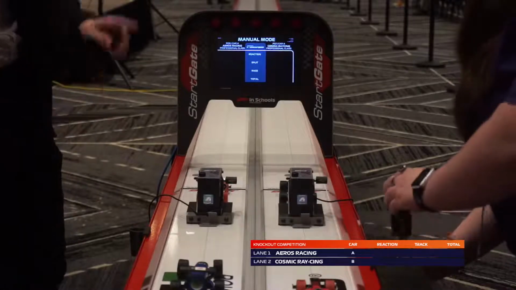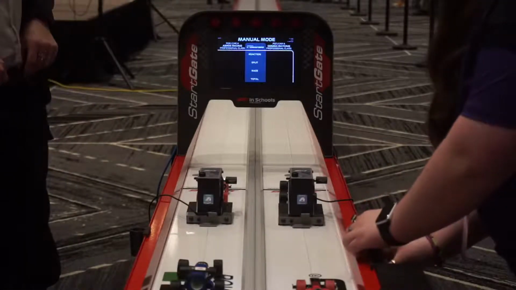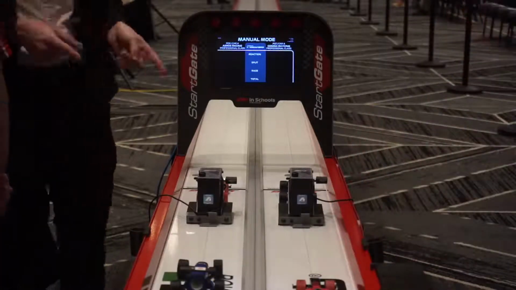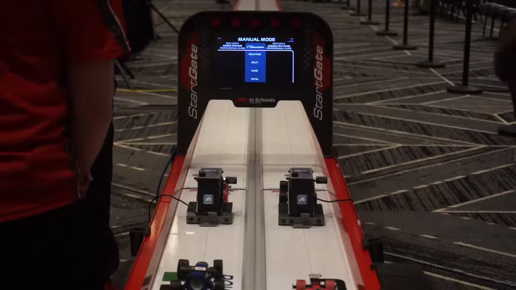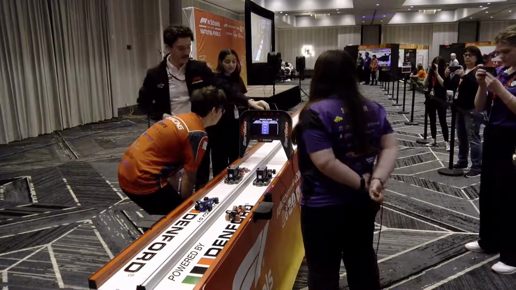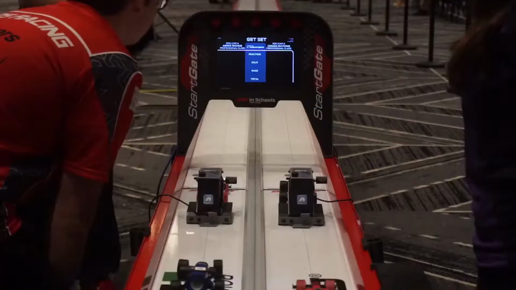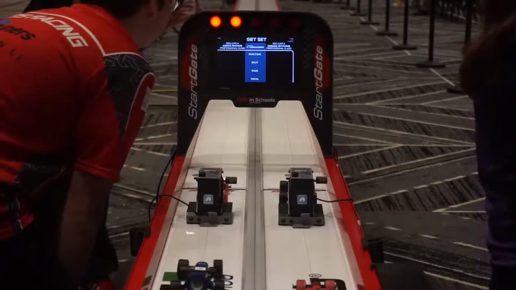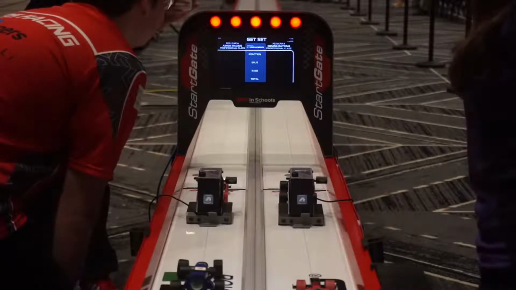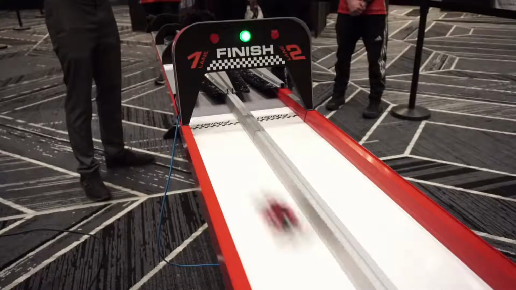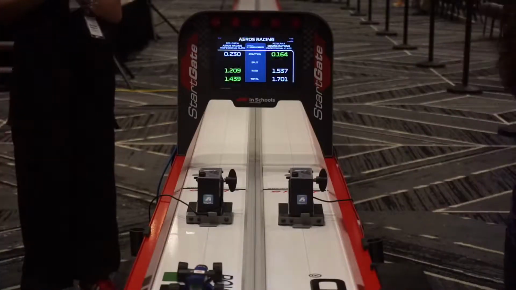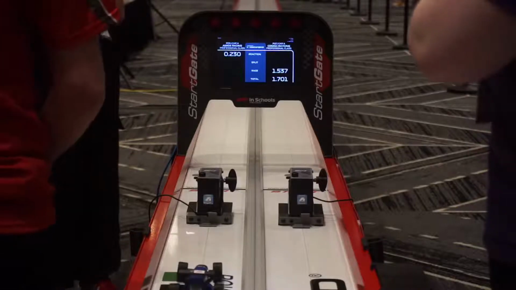First race underway. Aeros Racing with the fastest time for race one of a 1.439.